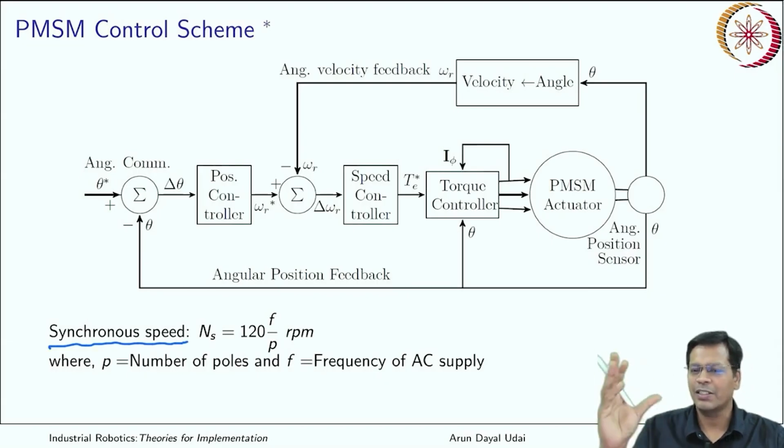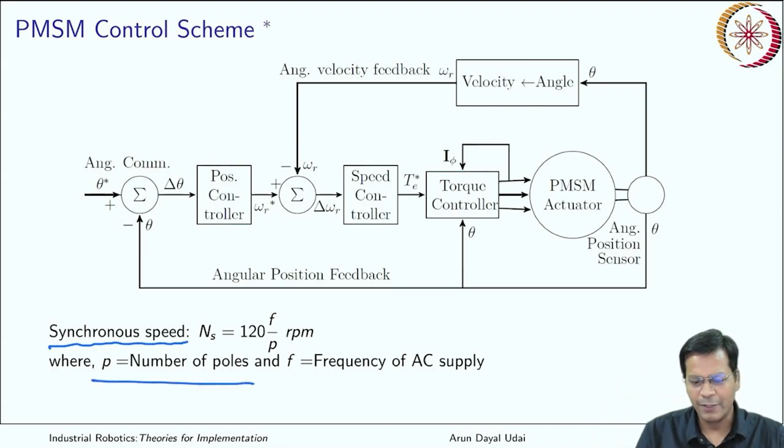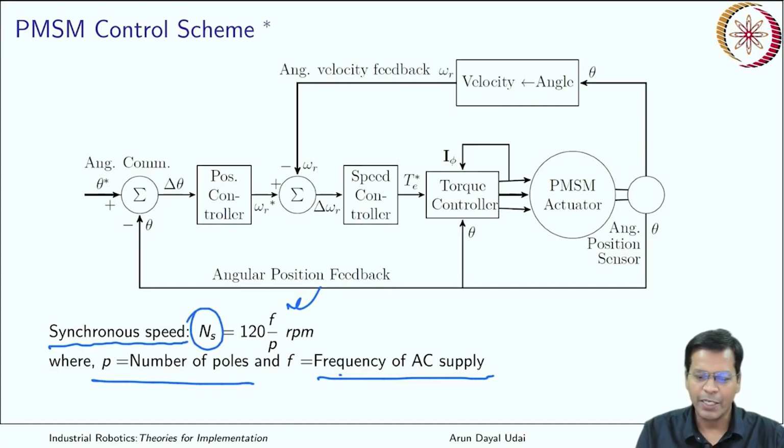It is not just 3 pairs of poles, there are P number of poles here, so the frequency of the AC supply gets divided by this. F is the frequency of the AC supply, P is the number of poles. Ultimately this is the speed with which your magnetic field will rotate.